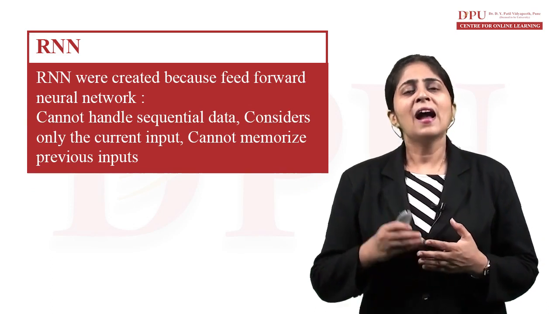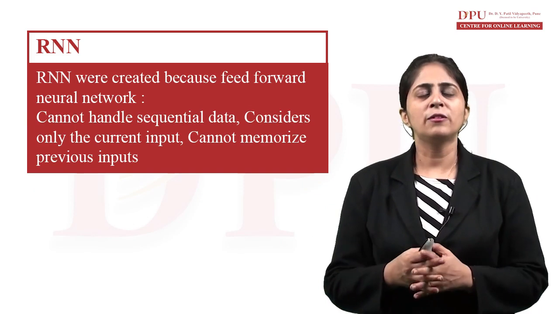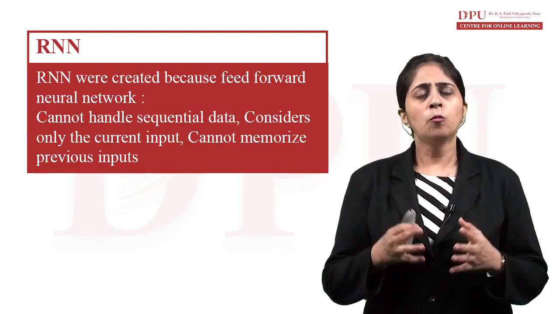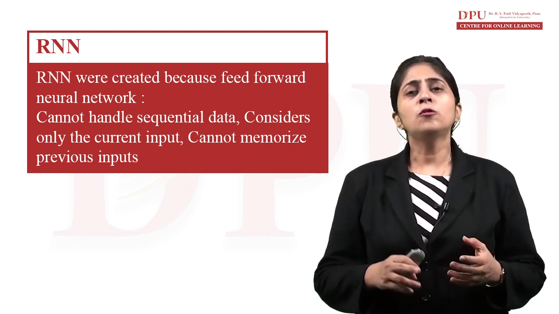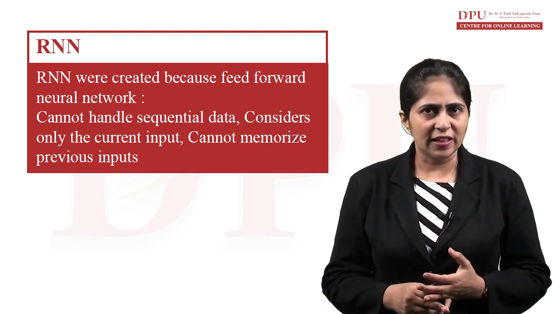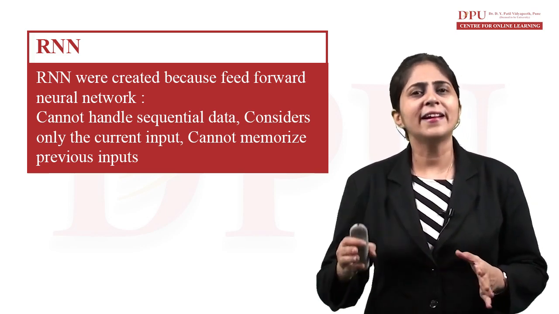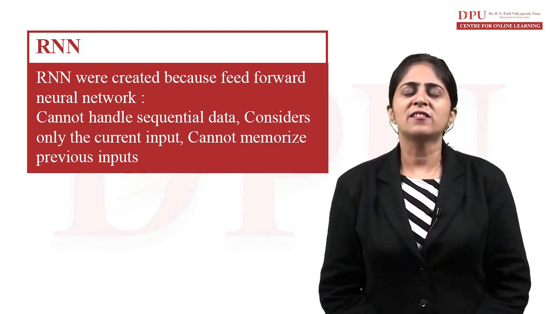So, that is why RNN was created, to overcome the issues that we were facing in our feed-forward neural network. What were the issues? They could not handle sequential data. They were considering only the current input and could not memorize the previous input.